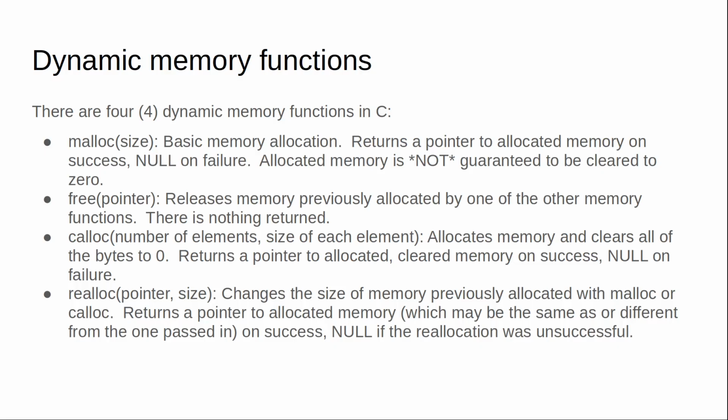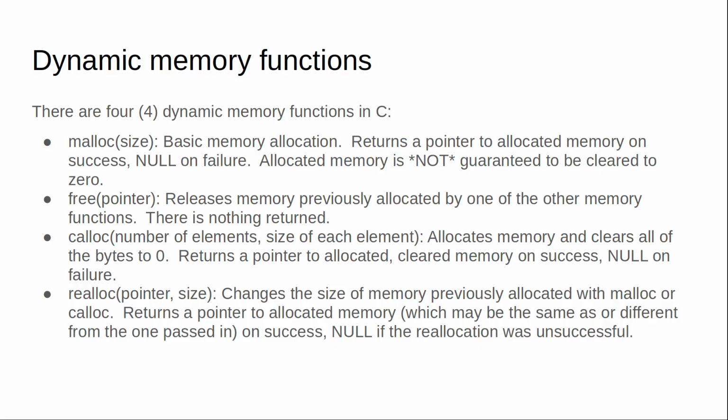Calloc allocates memory and clears all the bytes to zero. So if you do need to make sure that the memory that you're getting back is cleared to zero, then use this. Do not use malloc. The pointer it returns is guaranteed to be completely cleared to zero, and null on failure.